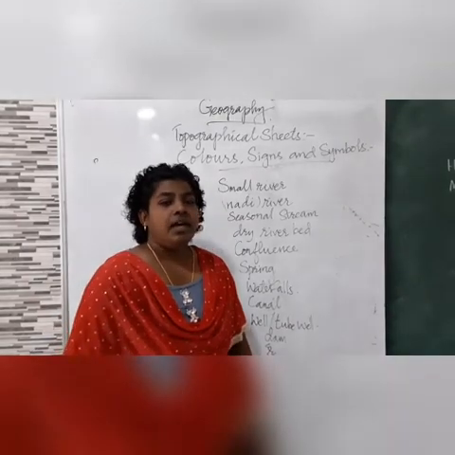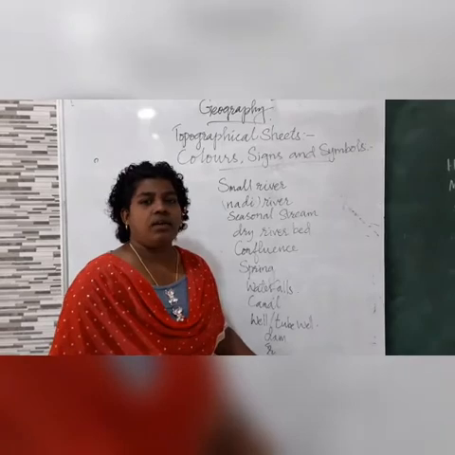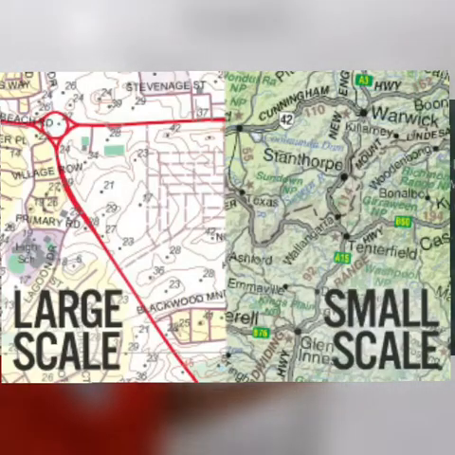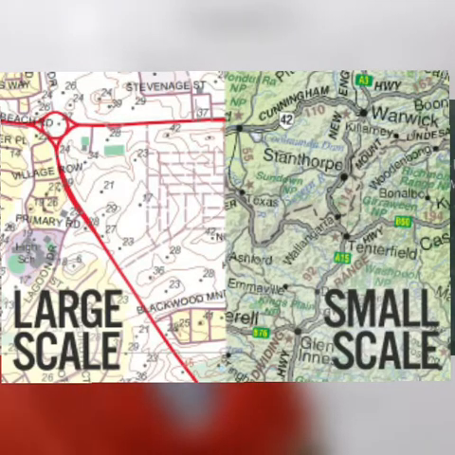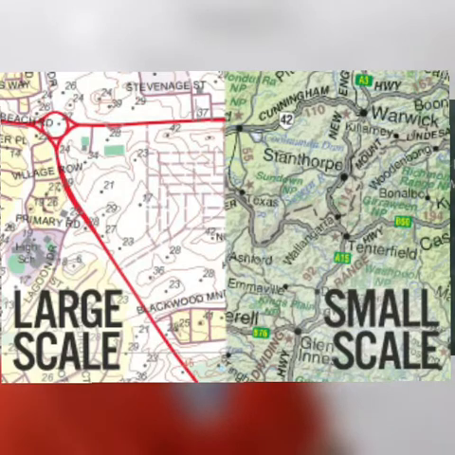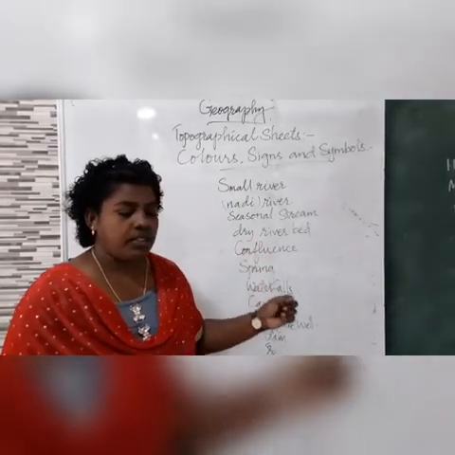The white color denotes barren land or uncultivated land. And the brown color denotes what? The brown color denotes contour lines and other imaginary lines on the topo sheets.